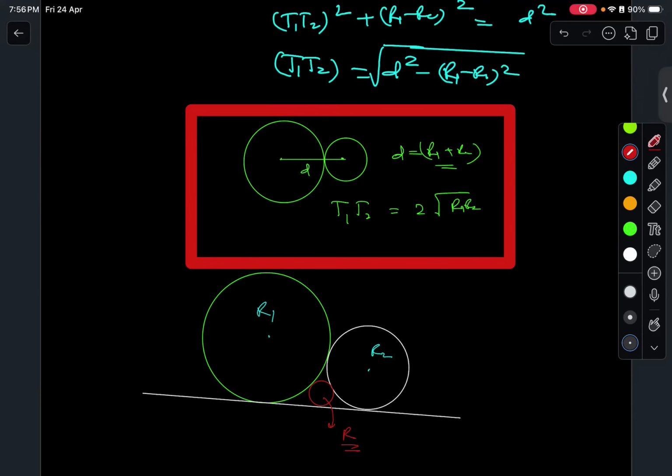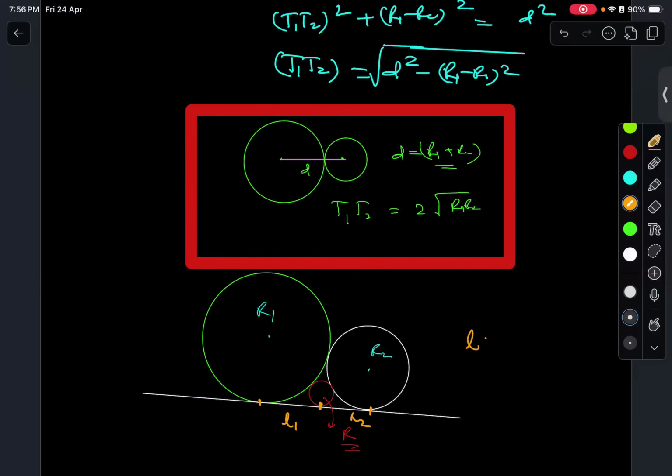See what we can say, right? I'm thinking about two circles. First is this R1, and second is the R, the smaller one, right? These two circles are touching the same line, one line. Suppose from here to here this length is L1, and from this point to the other circle is L2.